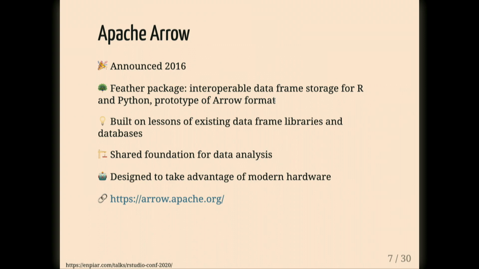You may have experienced the Feather package, which came out of some of the initial explorations there, the prototype of the Arrow format, which makes it really easy to write data frames in R and read them in pandas and vice versa. And the idea was to draw on all these lessons that we have from R and from pandas and from the database community and build the next generation of data frame tools that were not tied to a specific language or implementation.